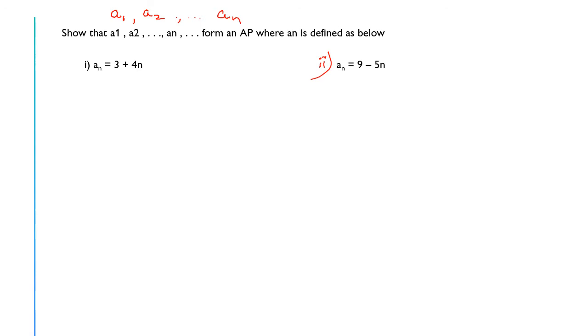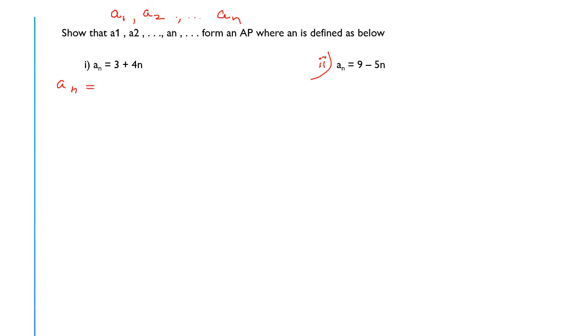First one, AN equal to 3 plus 4n is given. You have to show that this forms an AP. Now how will you find? If this is an AP, then how will you find?